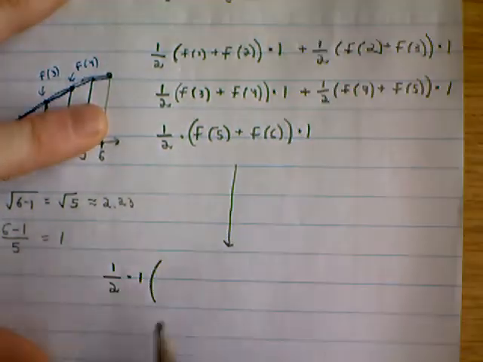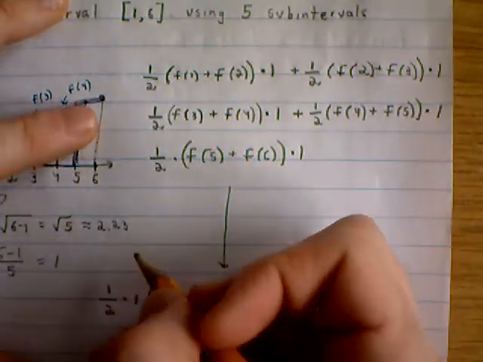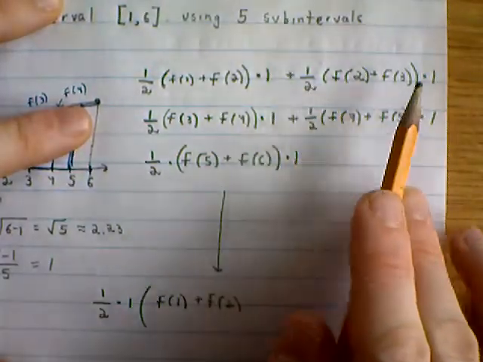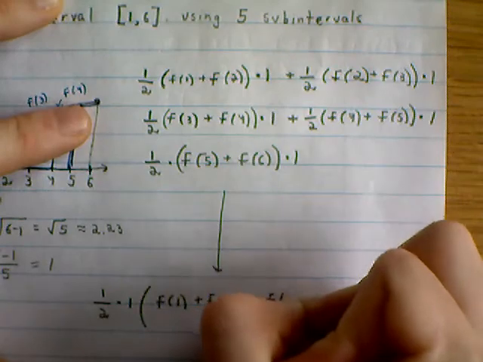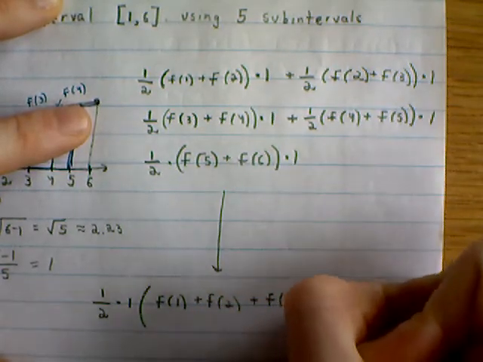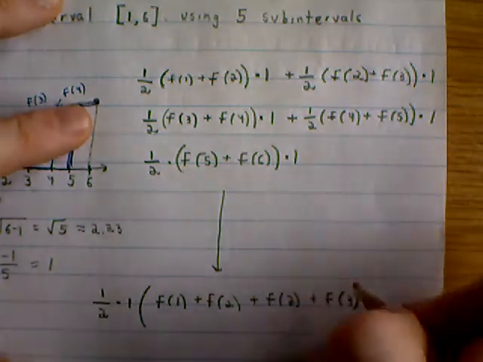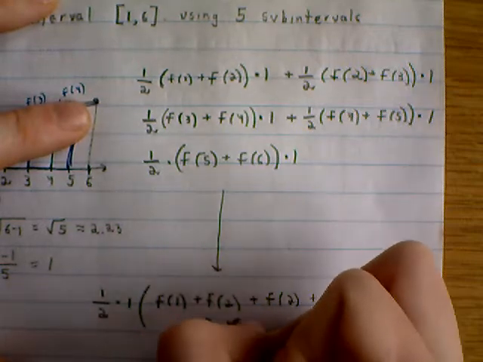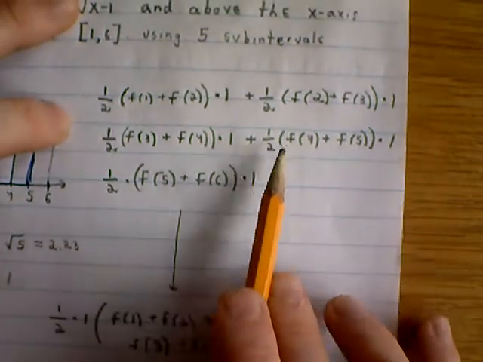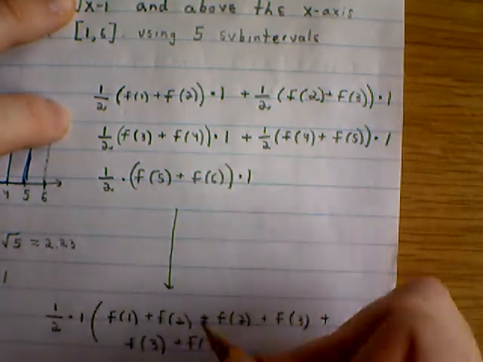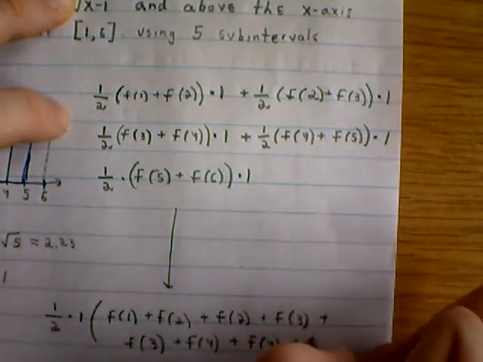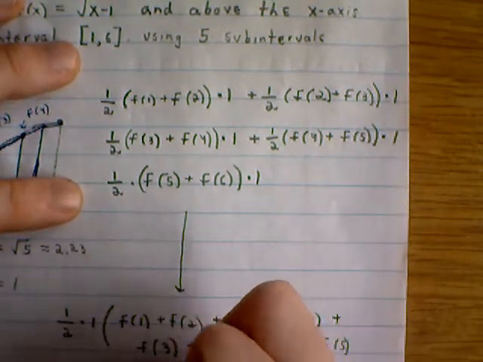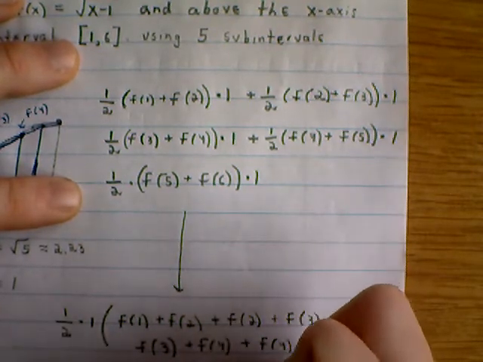If I factor out a 1/2 and a 1, I'm going to have f of 1 plus f of 2, plus f of 2 plus f of 3, plus f of 3 plus f of 4, plus f of 4 plus f of 5, and plus f of 5 plus f of 6.